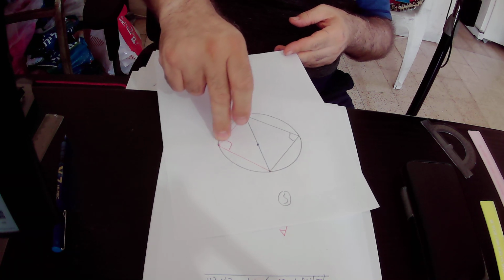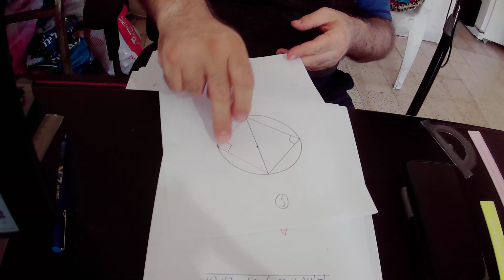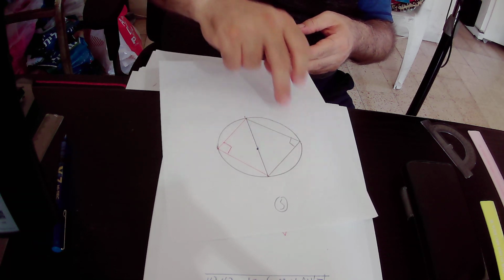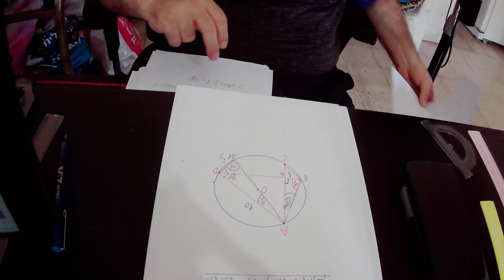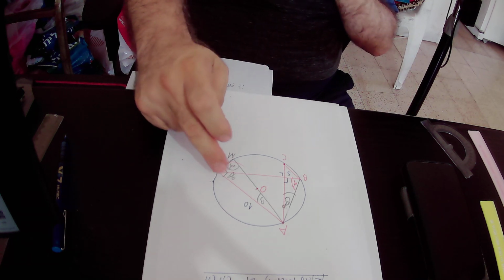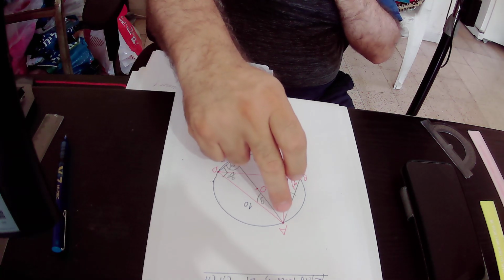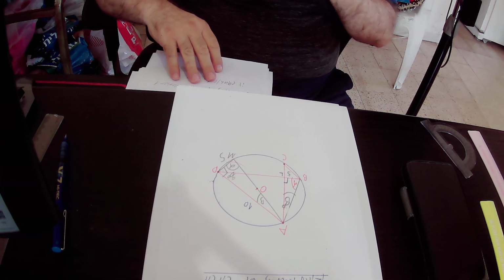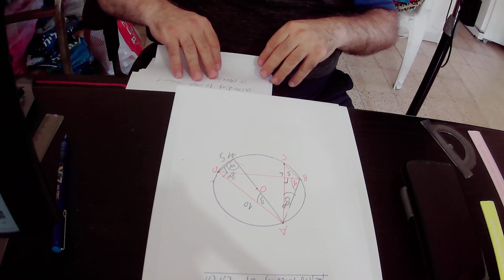So this angle that rests on the diameter equals 90 degrees, and this angle that rests on the diameter also equals 90 degrees. And according to that rule, angle ADM that rests on the diameter AM equals 90 degrees. Okay?